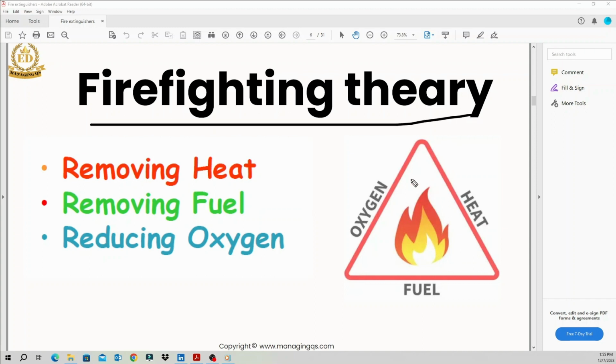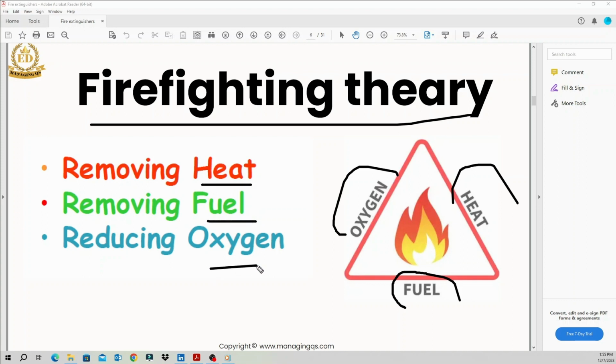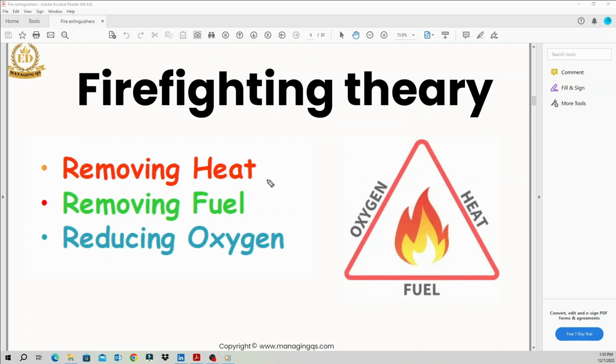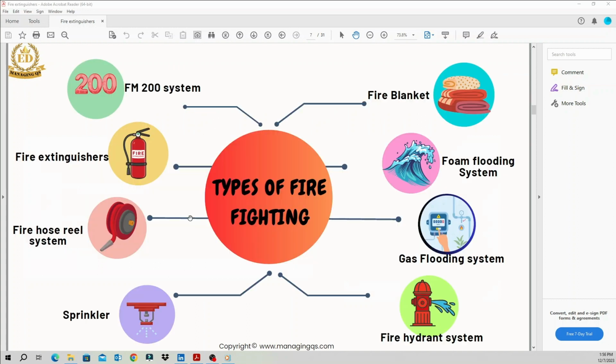Firefighting theory means we discussed the three main fire triangle elements. So we should remove the heat, fuel or oxygen. Once we remove one or more items, the fire will automatically close. So the firefighting theory is that we should remove these things: heat, fuel, oxygen.